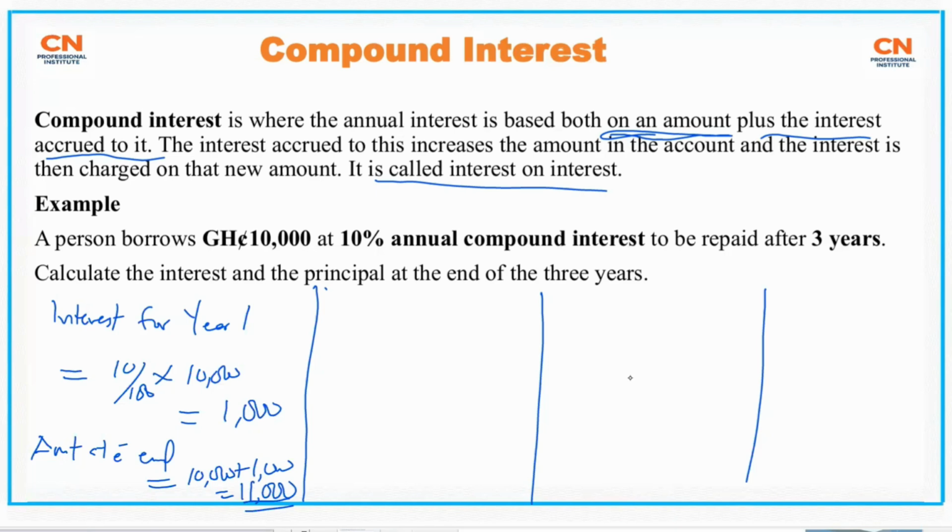If you go to interest for year two, the interest will be what, 10%, not on the 10,000, but on the 11,000.